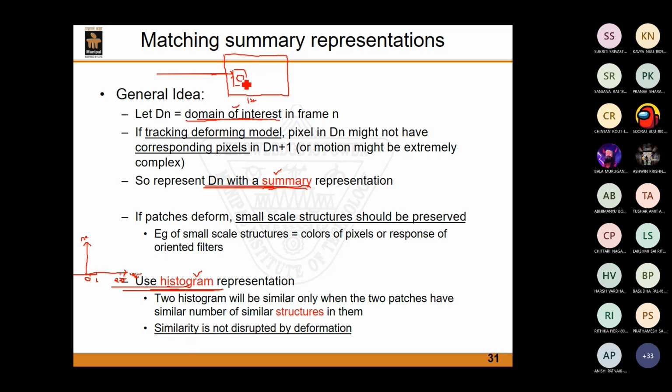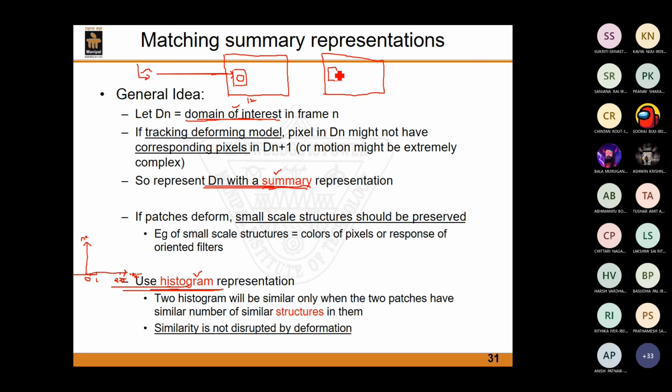Now, what we do is we make a summary representation, or let's say we are making a histogram here, and let's say the histogram has some kind of a distribution over here. Now, in the next frame, let's say you have a next frame over here, around this particular object of interest or domain of interest, we will look for different neighboring patches.